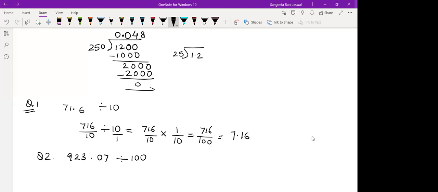Yes. Harshit, that method is more appropriate when we divide a decimal number by another decimal number. Because here the other number is a whole number. This second number is not a decimal here.